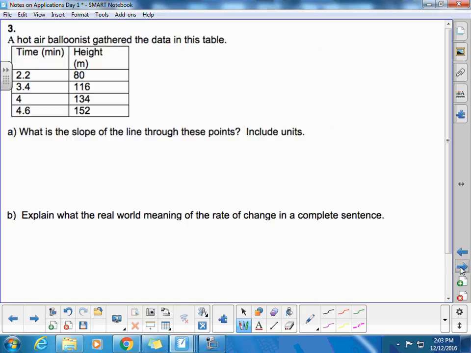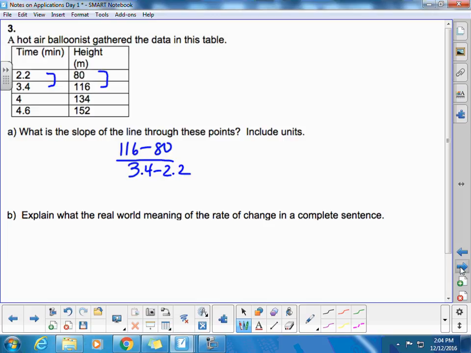A hot air balloonist gathered the data in the table. What's the slope of the line passing through the points? Remember, again, we have to do y minus y over x minus x. So 116 minus 80 over 3.4 minus 2.2.